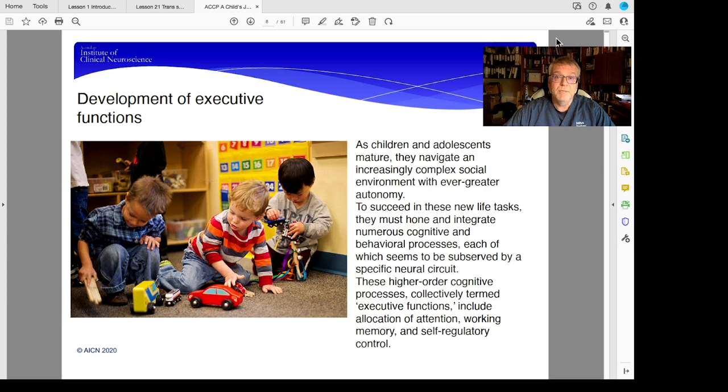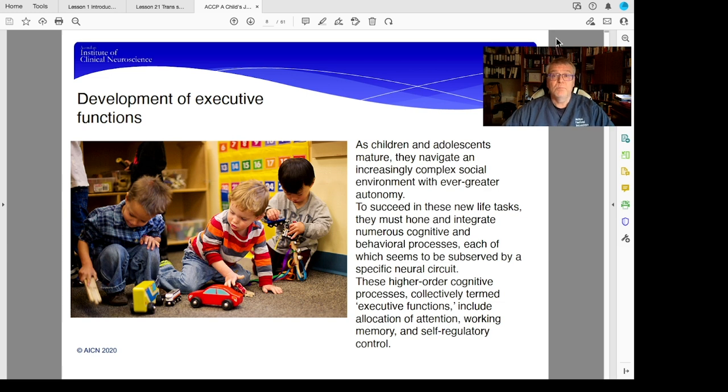And so to be successful in these tasks, they need to learn and integrate a number of different cognitive and behavioral processes. And some of these processes seem to be subserved by different neural networks.